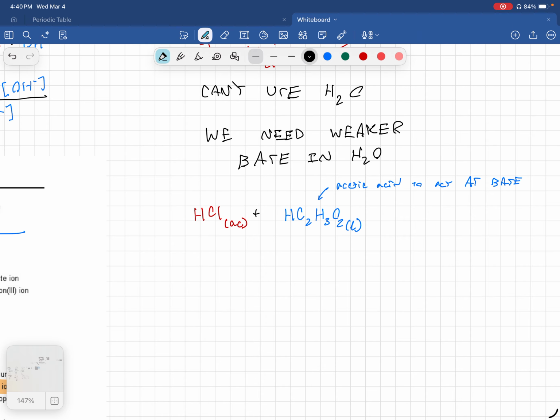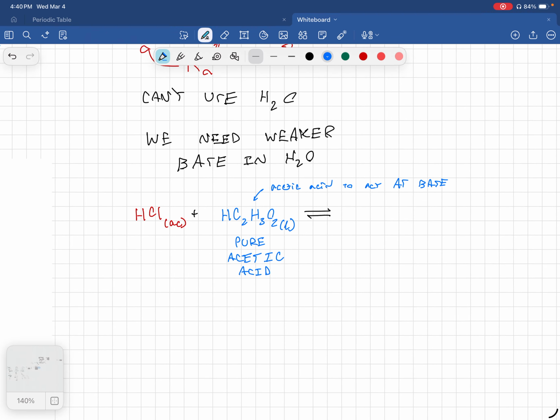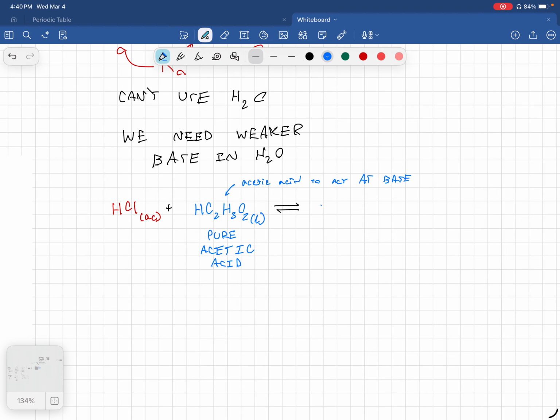And so if we run this in pure acetic acid, so just like we used water as the medium for measuring, we're going to use acetic acid as the medium for this. Well, then we would get Cl minus AC. We're going to have AC stand for acetic acid. We could have put AA as well.